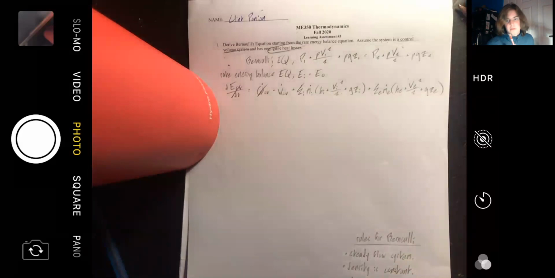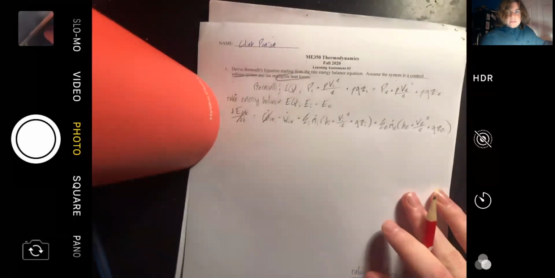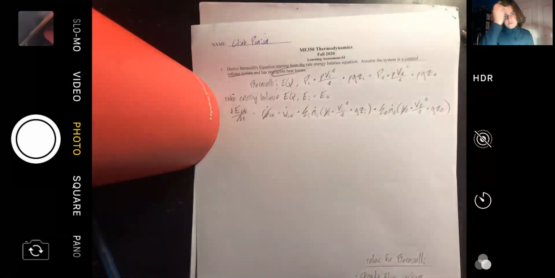We're going to use a couple of rules specific to Bernoulli's equation to help cancel things out. The first is that no change occurs in internal energy. That justifies why the specific enthalpies get canceled, because those are supposed to represent internal energy U in the rate energy balance equation.